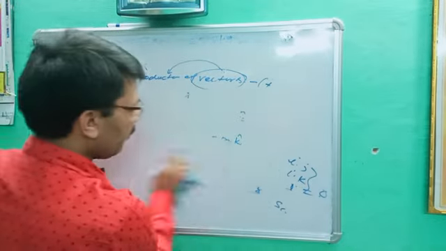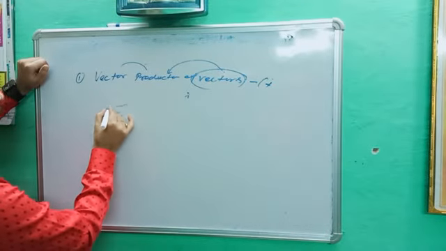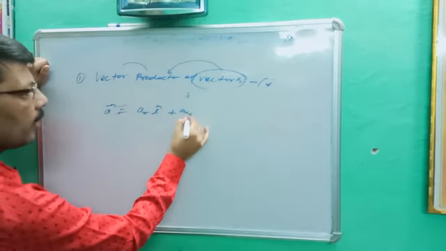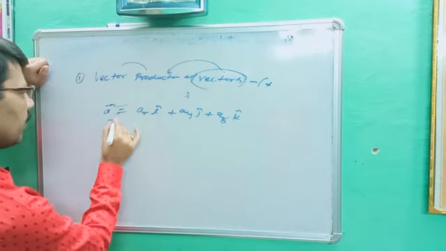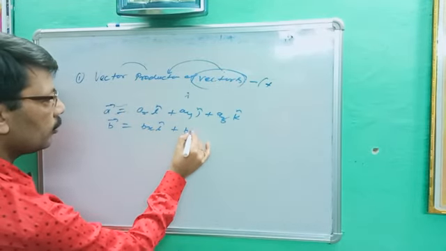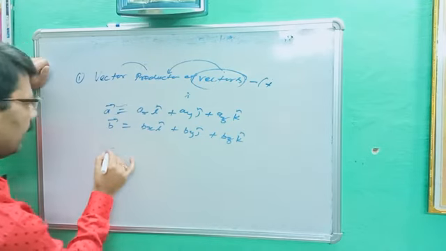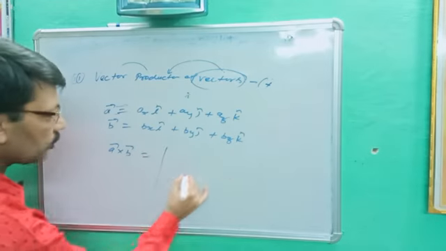In the same way, if I ask to find the cross product. If A vector is equal to ax i cap plus ay j cap plus az k cap, B vector is equal to bx i cap plus by j cap plus bz k cap, and I ask A cross B. It is a little difficult, so you have to use a matrix like this.